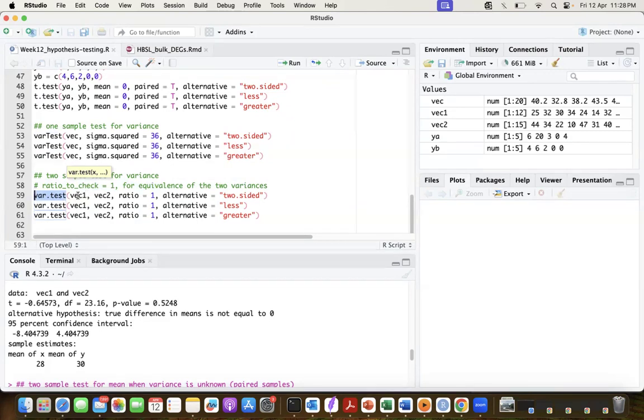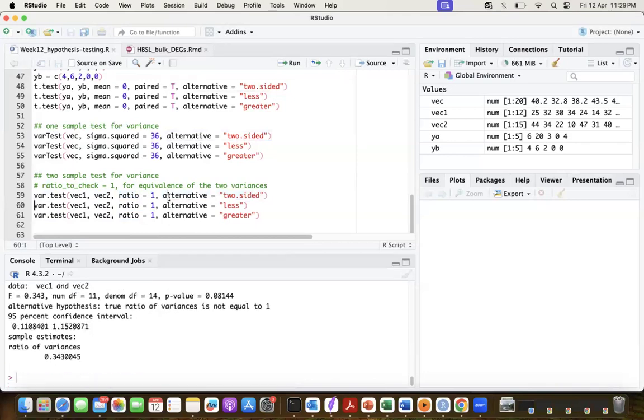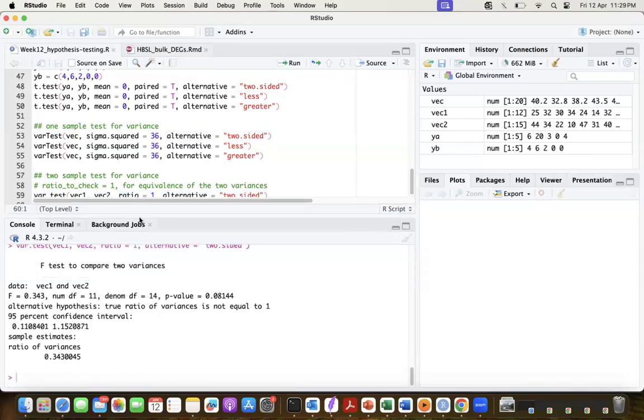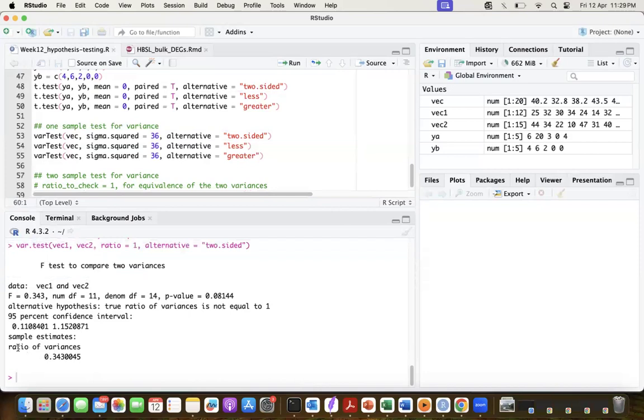So what we are doing is we have these two vectors. We've already defined this. We want to compare the ratio. So the null hypothesis is the ratio is the same. So they're equal. So the ratio is 1. Then you can just specify the alternate hypothesis. And when you run this, it does the F test. This is what the variance ratio comes out to be.